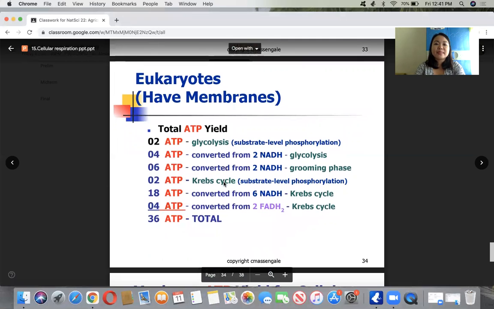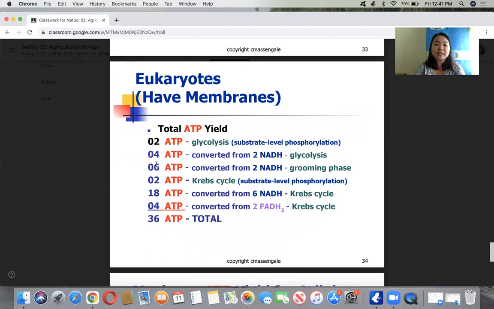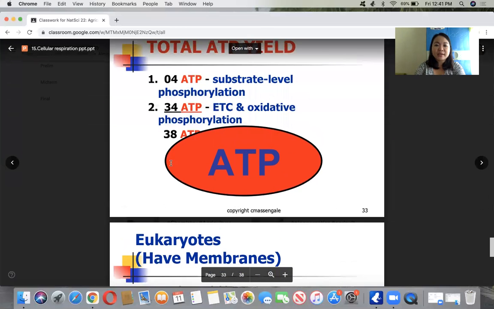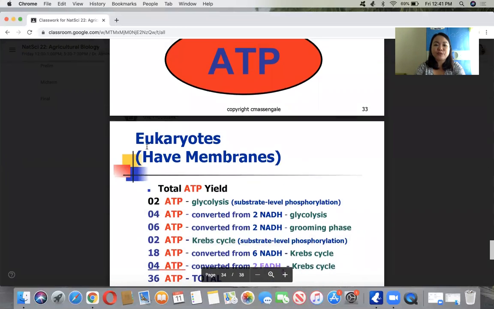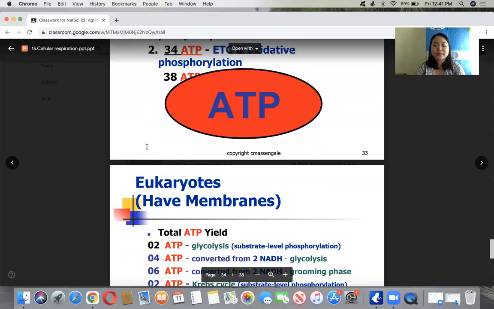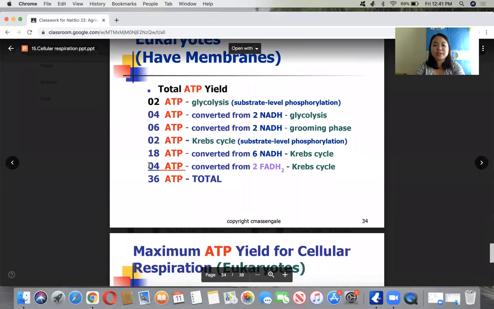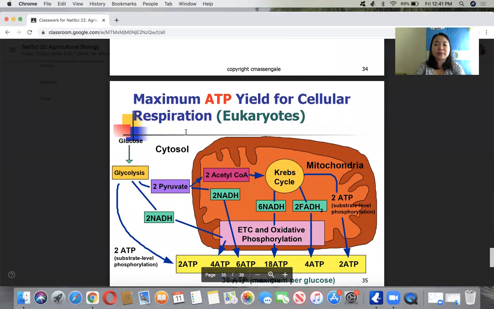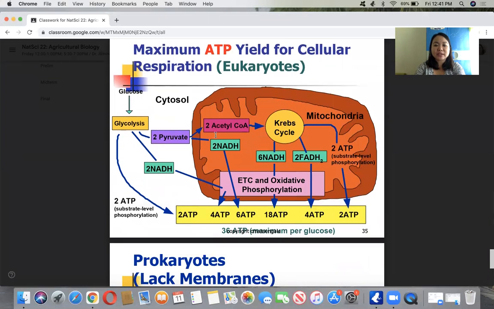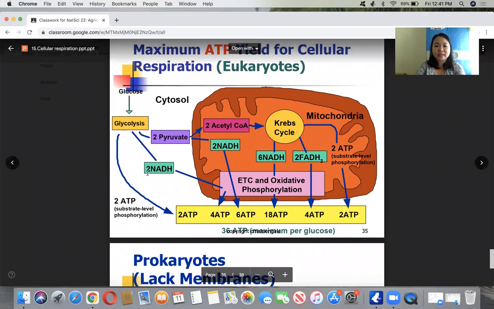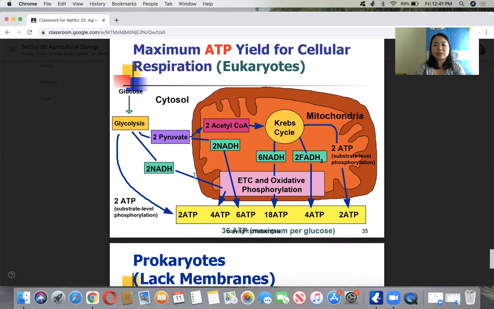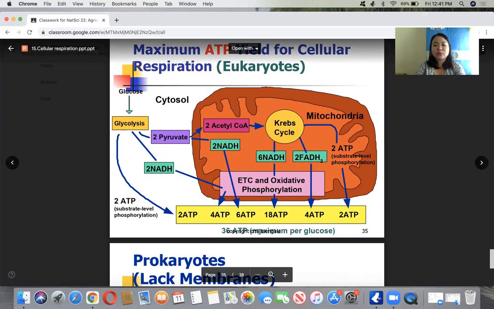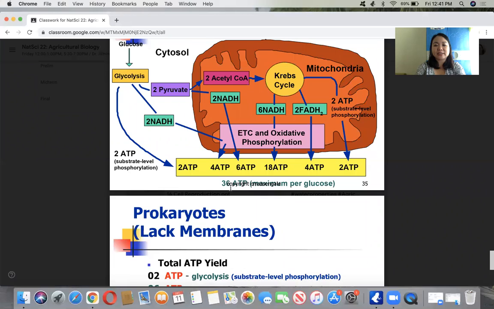So in the eukaryotes, which have membranes and a nucleus, the total ATP yield is about 36 all in all. So the 38 ATP is different, but that's for the prokaryotes, and for the eukaryotes we have 36 in total. So the maximum ATP yield for cellular respiration in eukaryotes is shown on this figure, as you can see, from 2 ATP to NADH, so all in all 36 ATP.